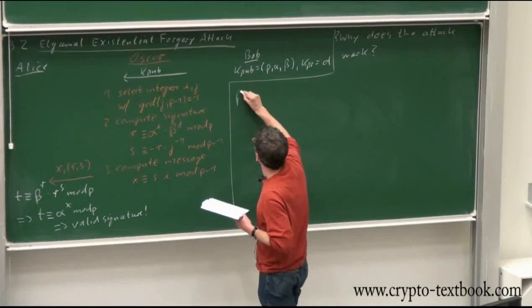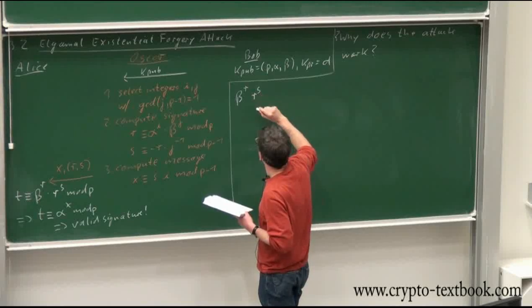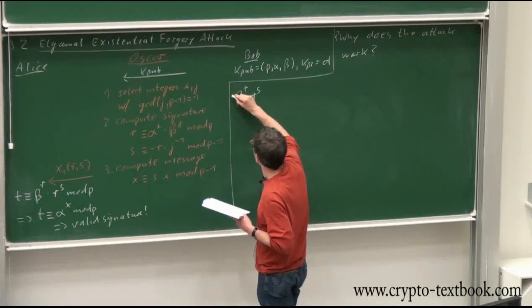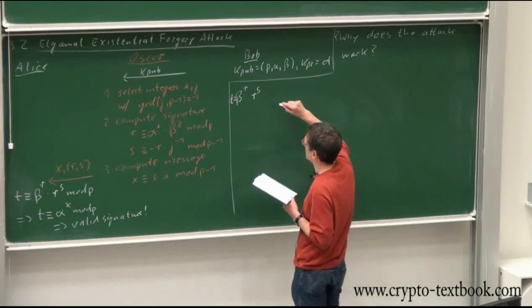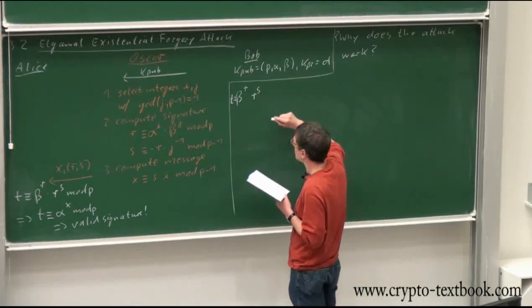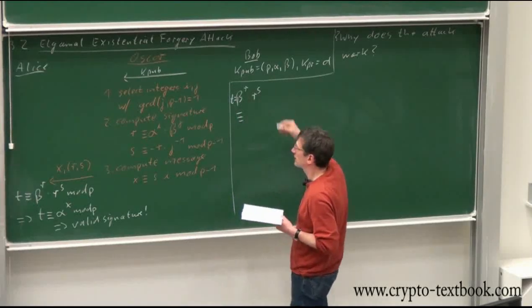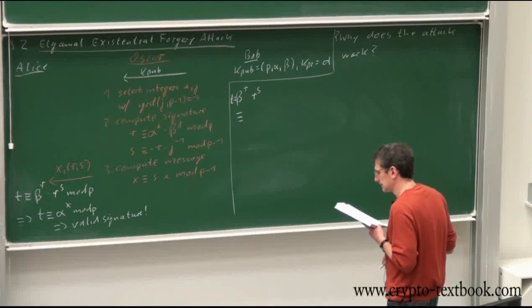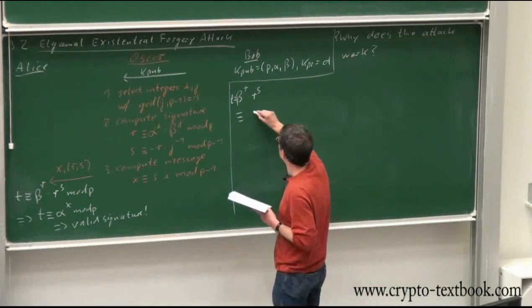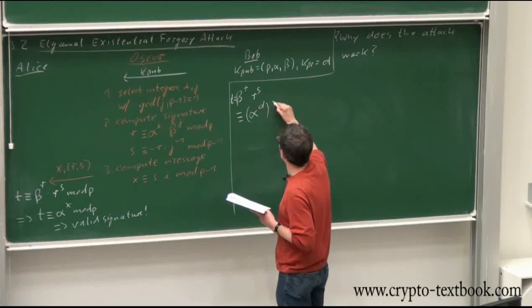So this is t is equal to... now again we only do substitution, we look at what beta is. Beta is alpha to the d to the r.